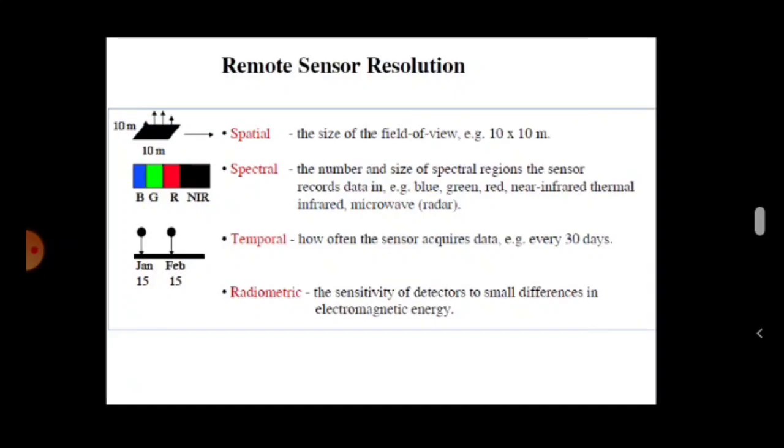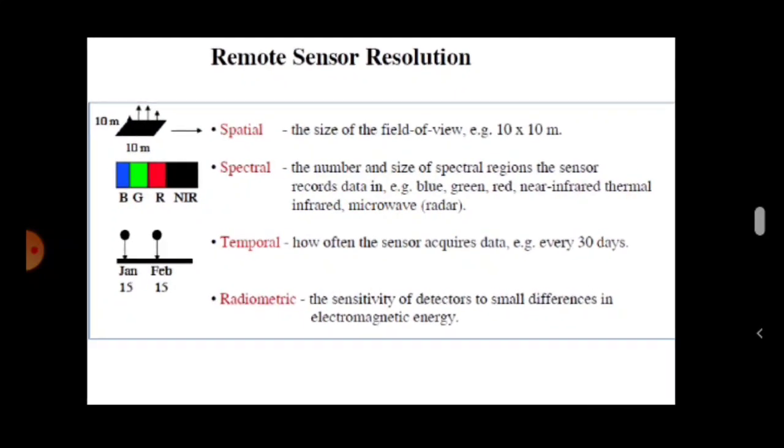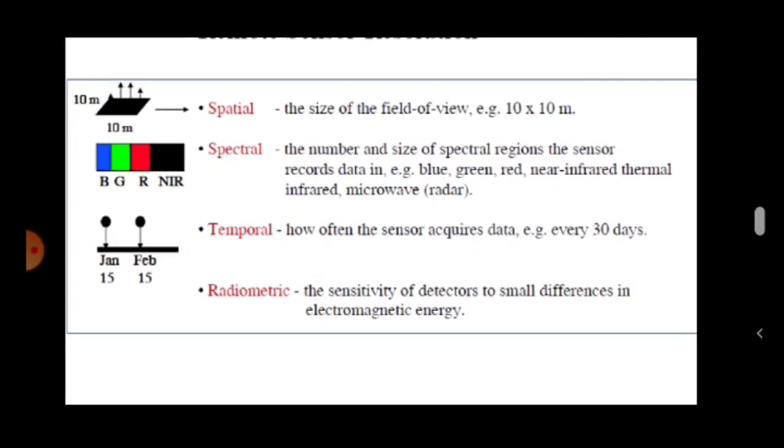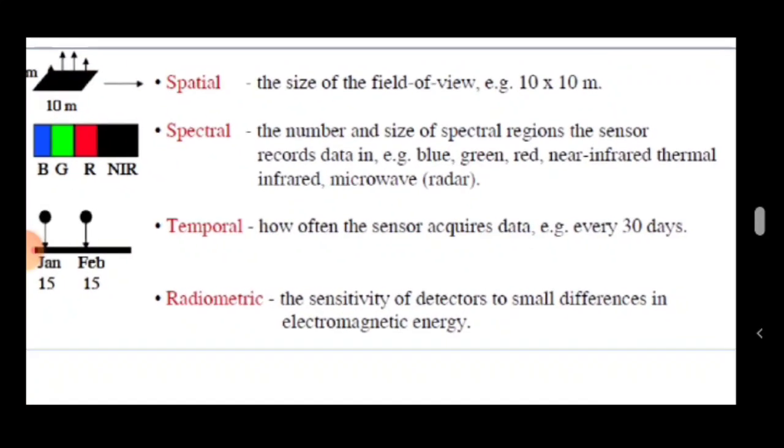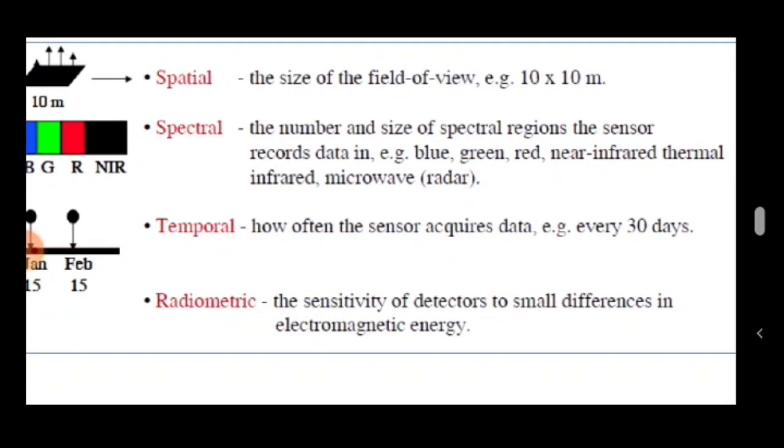Let's have a basic, rough look at these types. Spatial resolution focuses on the size of the field of view. When it comes to one pixel, the smallest area we can take from the ground onto a remote sensing image is described through spatial resolution.